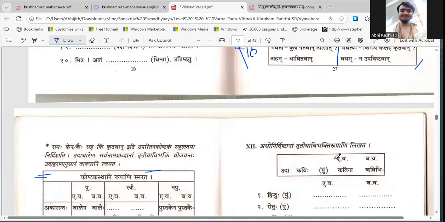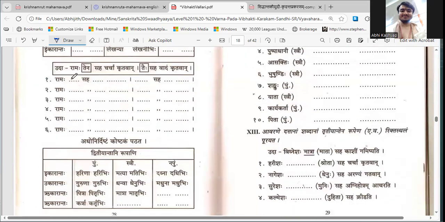That's all. We have to frame that together. Here, all you have to do is that only. The first two sentences are singular. Saha they have only given. You just need to put Ramaha over here. The first word is converted into Tritiya Vibhakti, this is Ekavachana.